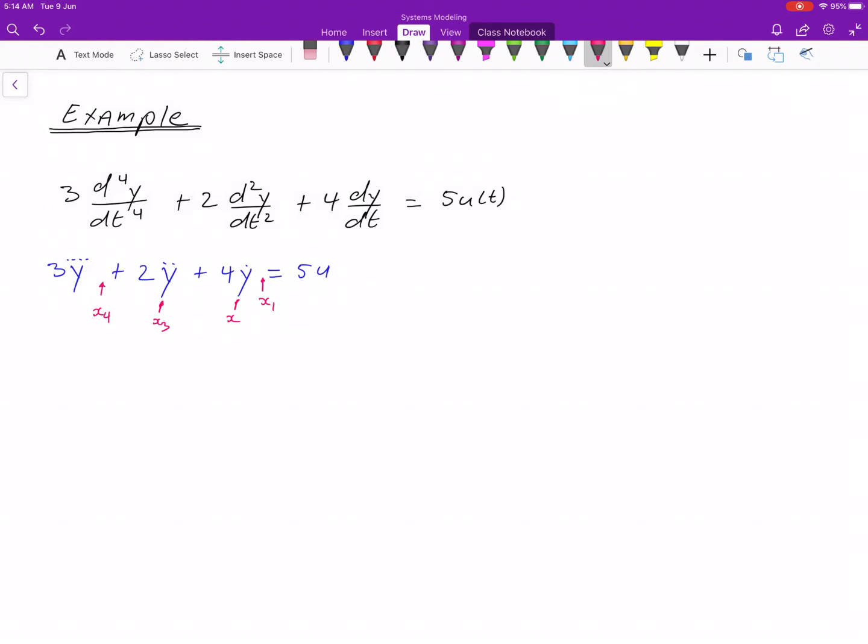I can just imagine as if it's there. That way it's easier for me to work with equations.